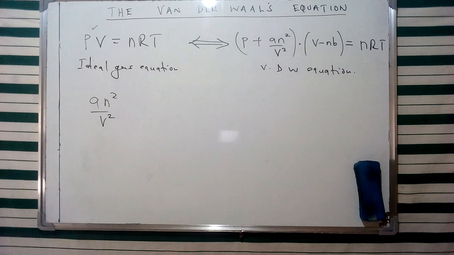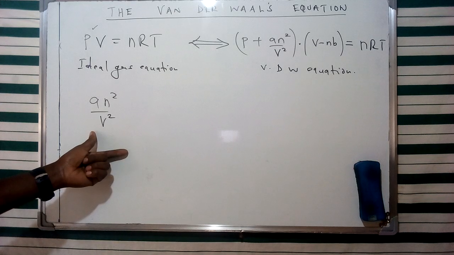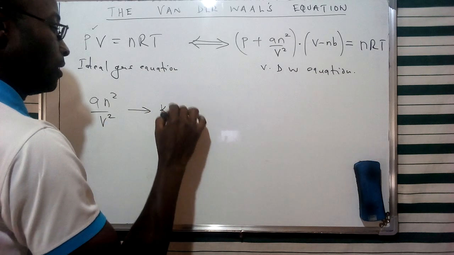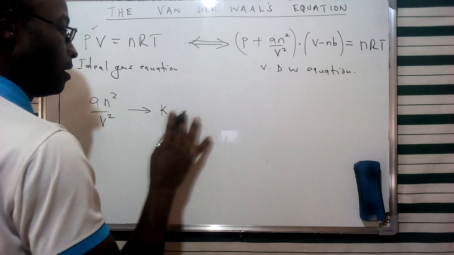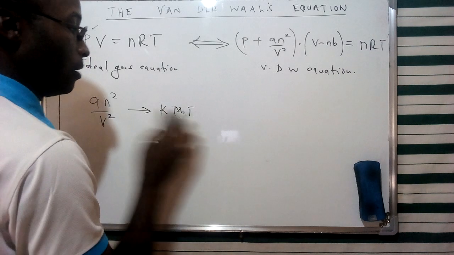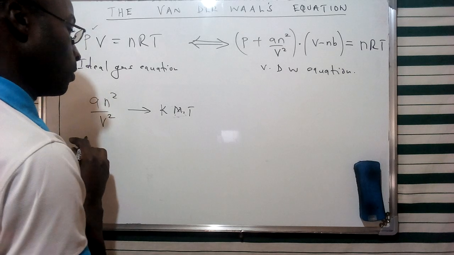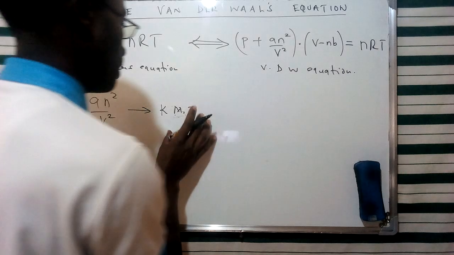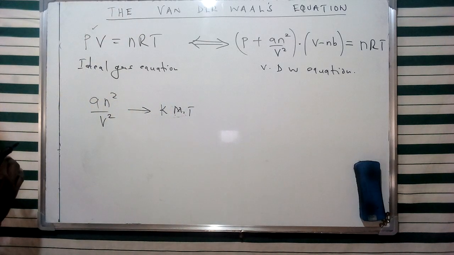is done in order to cater for the pressure observed for real gases, which is basically lower due to attractive forces between molecules. And that we had said from the kinetic molecular theory of gases. I've mentioned that one of the postulates of the kinetic molecular theory of gases is that there are no attractive forces between molecules or between the molecules and the container, and therefore in the real sense these attractive forces are going to be experienced.